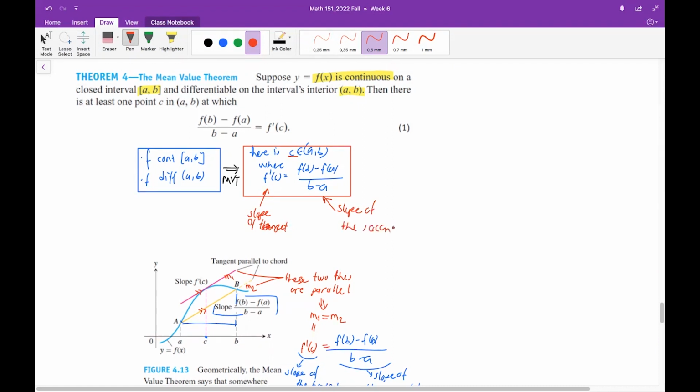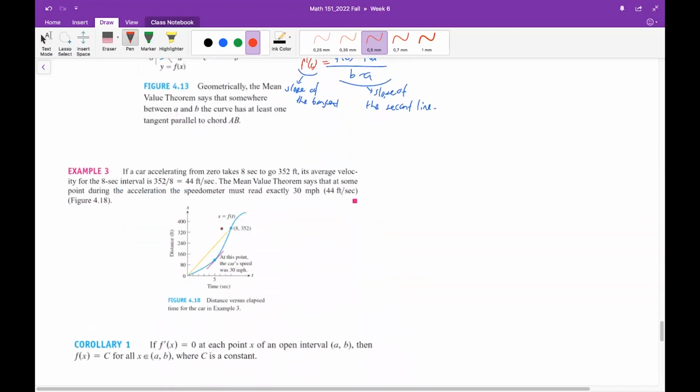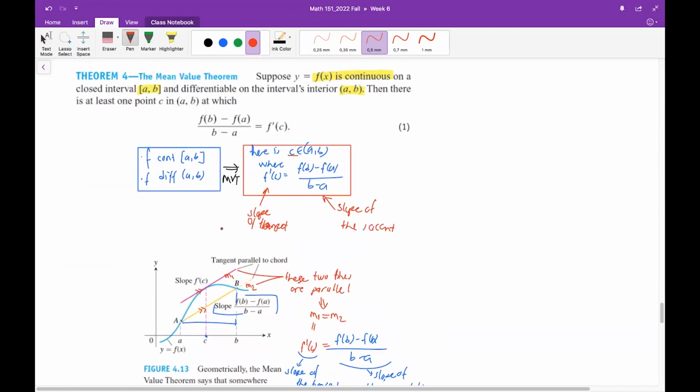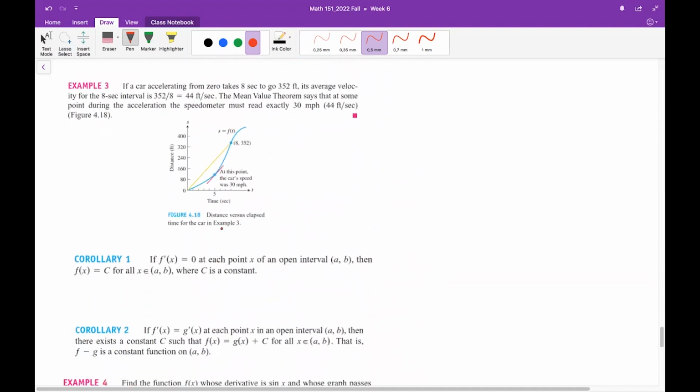They are the same because at the point c, they are parallel. Okay, this is what the mean value theorem is. Now let's see how we can apply it. This is the example where we can apply the mean value theorem.